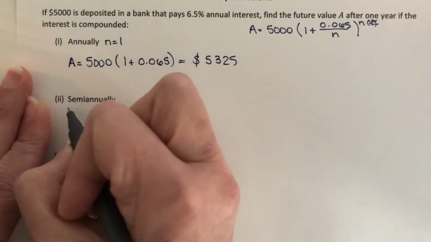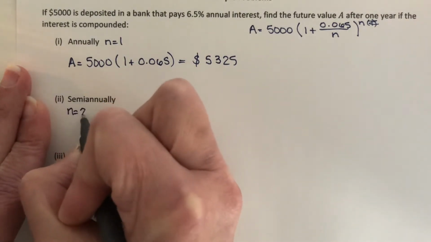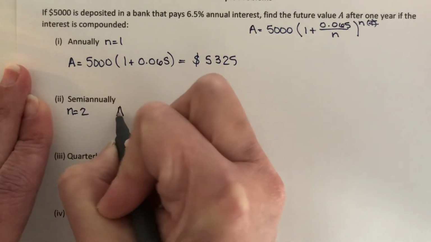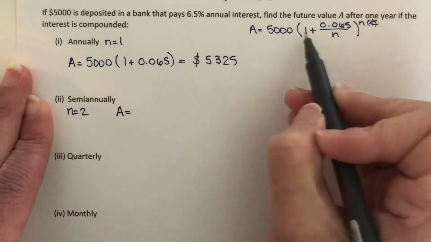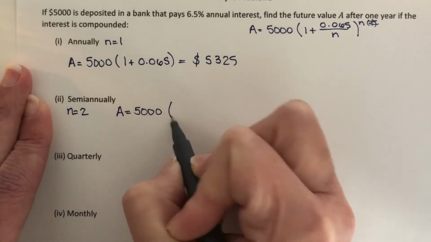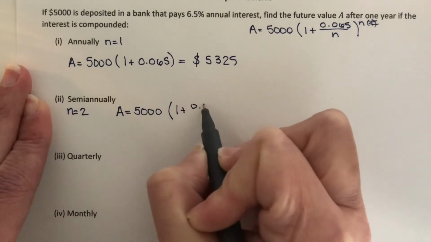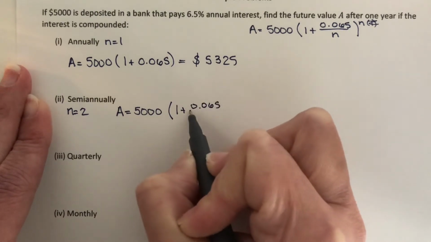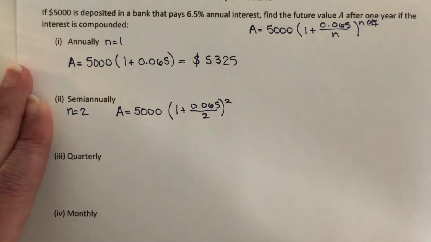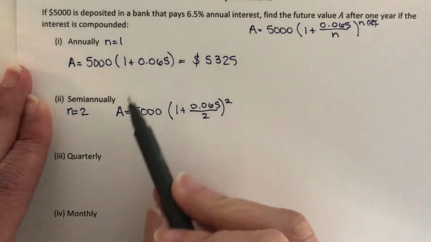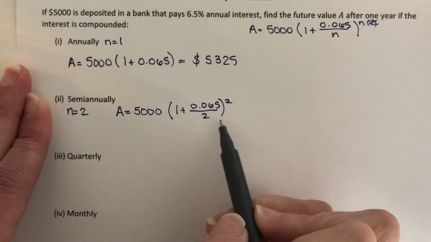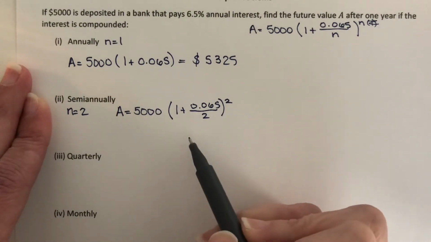Semi-annually, that means twice a year, so my n value is 2. Plug it in here. A is going to be 5,000 times 1 plus 0.065 divided by 2 raised to the second power. If you plug this whole thing in your calculator, be really careful with your parentheses or you can really mess things up.